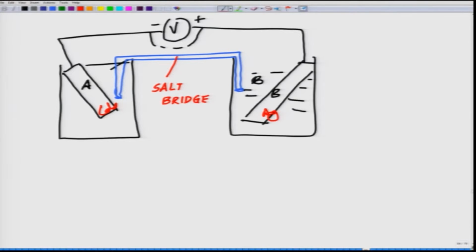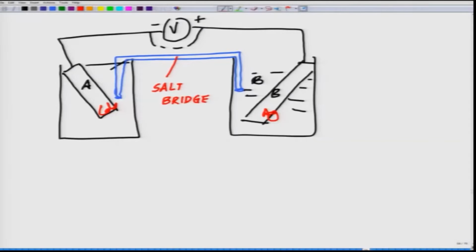Now, in all these situations, we have assumed that both the electrodes are different. Okay. Now, think of a situation where I have the same electrode on both sides. Will the current flow in this direction or that, whichever direction, it does not matter. Will the current flow across it or not? How can it flow?